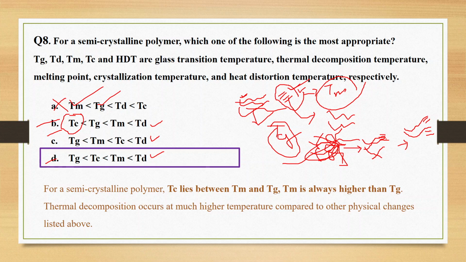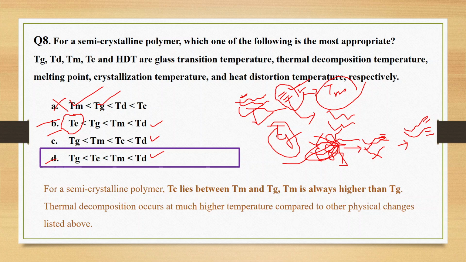You are giving a certain temperature that is higher than Tg, so that it starts to flow and certain parts of it start to crystallize. That is why your crystallization temperature always lies between your melting temperature and glass transition temperature. Annealing is a particular process where you provide heat from outside, at a temperature in the region between Tg and Tm, that will impose a certain amount of crystallinity in your polymer.